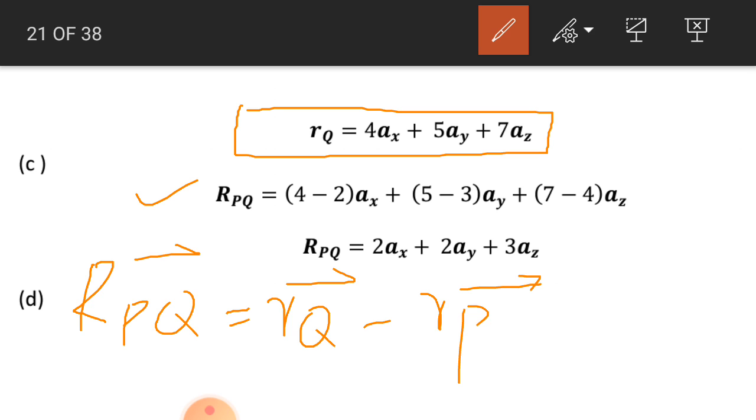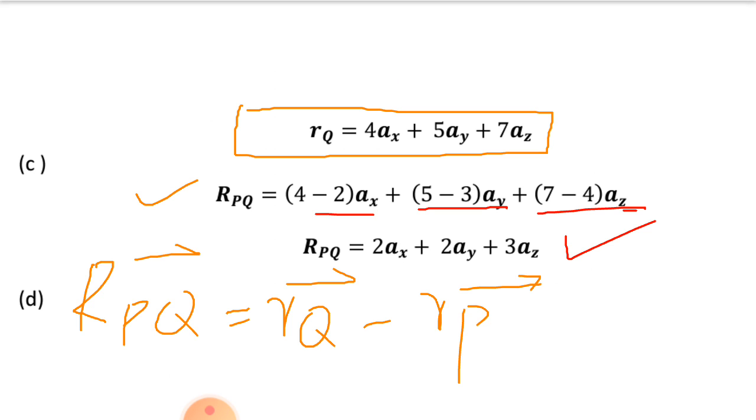So we calculate this distance vector. This distance vector will be equal to (4 minus 2)AX plus (5 minus 3)AY plus (7 minus 4)AZ. So you see, this distance vector is a three-dimensional distance vector, which is 2AX plus 2AY plus 3AZ.